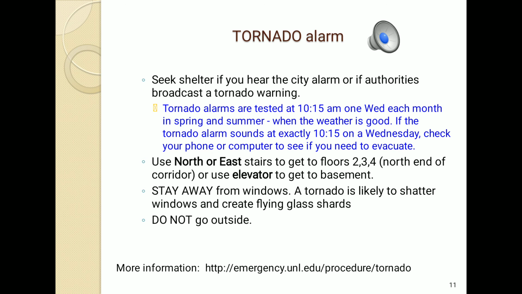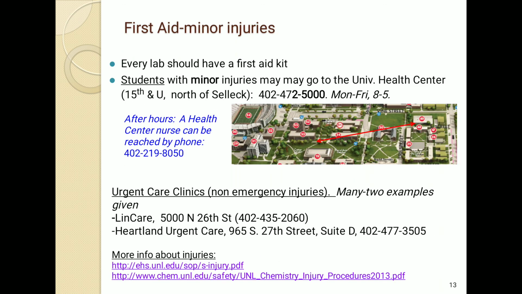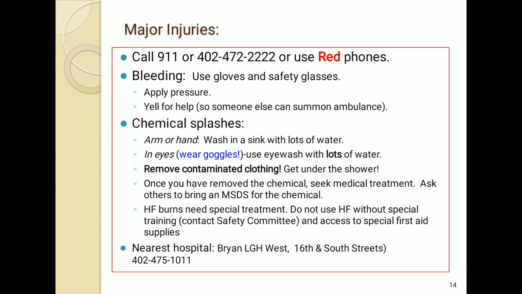If the tornado alarm sounds at exactly 10:15 on a Wednesday, check your phone or computer to see if you need to evacuate. Use the north and east stairs to get to floor 234. The north end of the corridor is used to get to the basement. Major injuries and their safety.